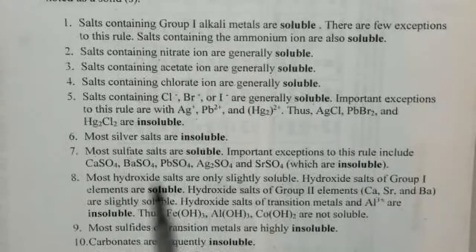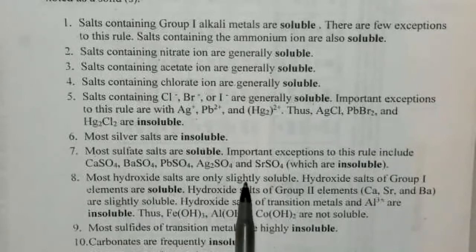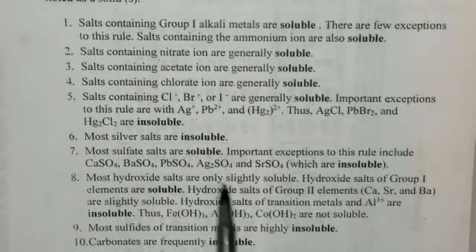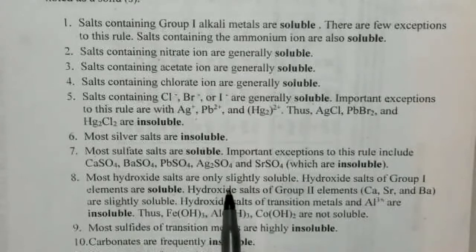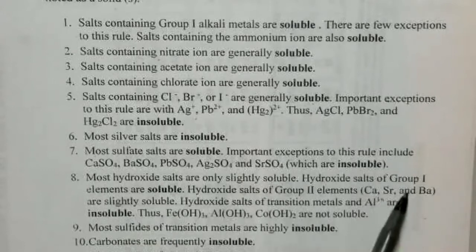Then hydroxide, it says slightly soluble. What does that mean? That means it doesn't dissolve very well. When we get into Chem 2, we start learning about equilibrium of solubility, that even something that's listed as insoluble dissolves to some extent, just not very much. So slightly soluble, if I saw that, I would put solid. That means it really doesn't dissolve very well. Except of course hydroxides with group 1 metals, right?